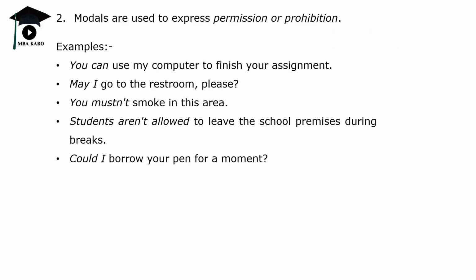Next rule says modals are used to express permission or prohibition. Permission could be asking for permission, so we say may I, can I, and could I. All these are permissions.